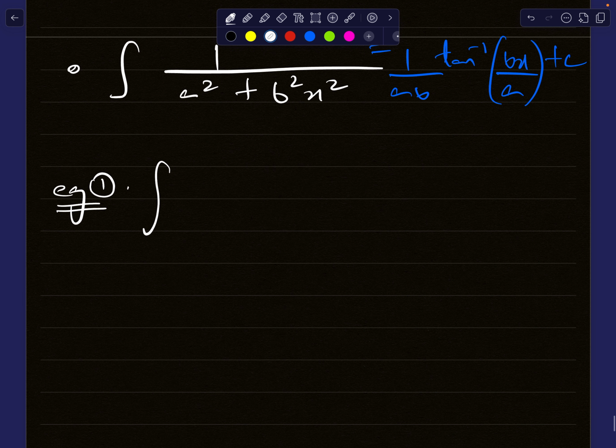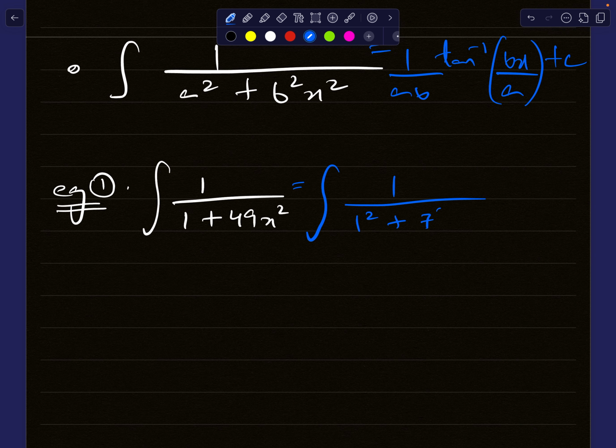Let that be something like 1 over 1 plus 49x squared. So first of all, write this in its simplest form, which I can write as 1 square plus 7 square x square.